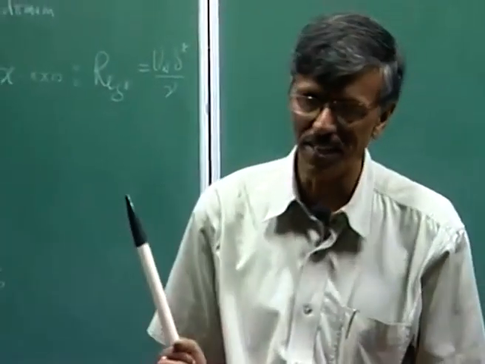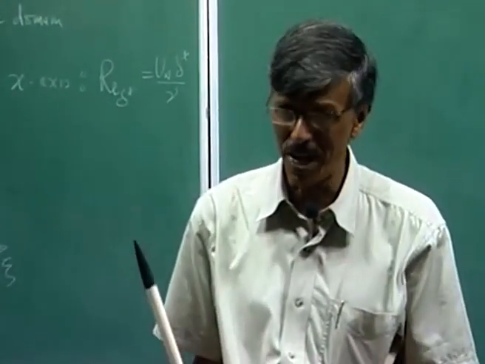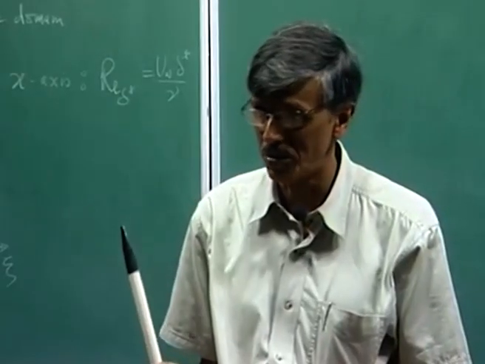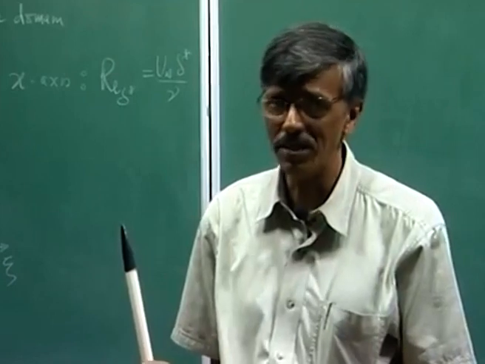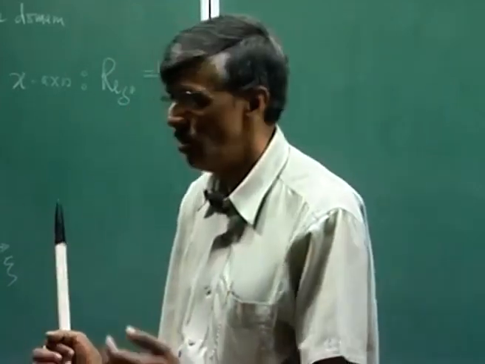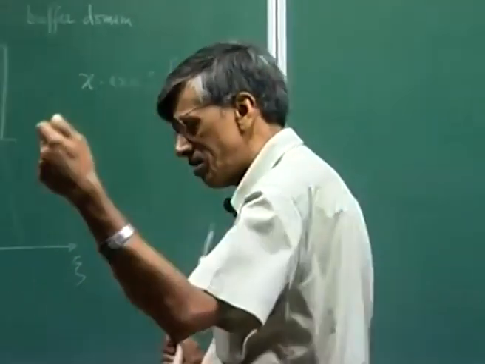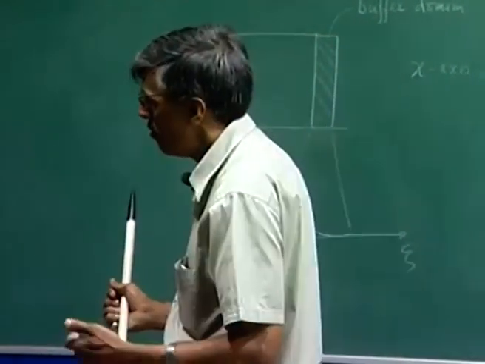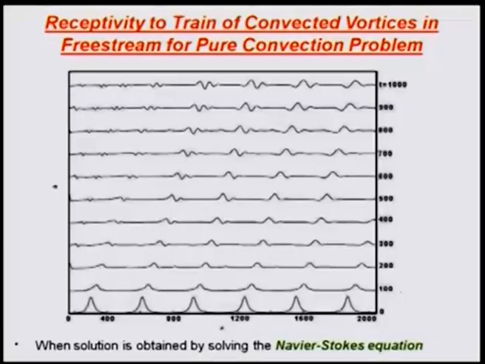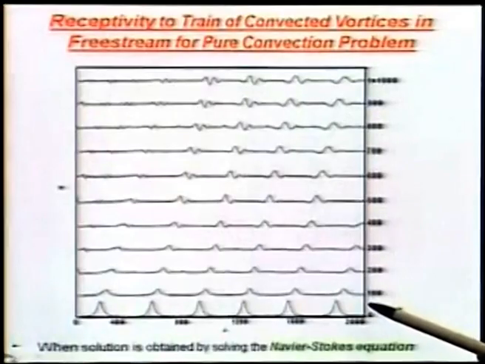This is significantly different from what we have learned when we talked about Kolmogorov's mechanism, the cascade, where due to nonlinearity we actually transfer energy from low k to high k.